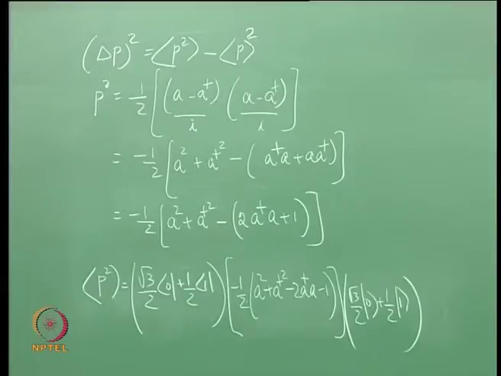As before, A squared and A dagger squared do not contribute, but A dagger A does, and the identity operator there does, and we can simplify this.